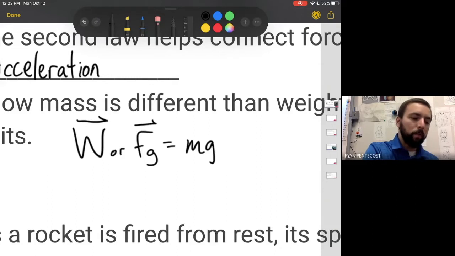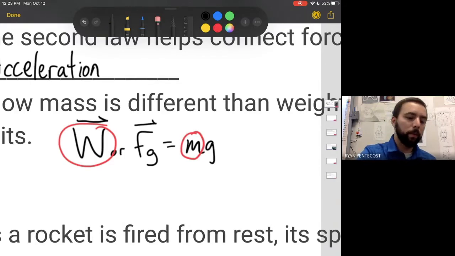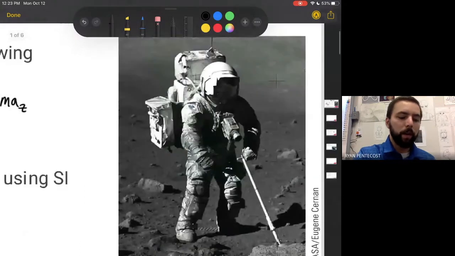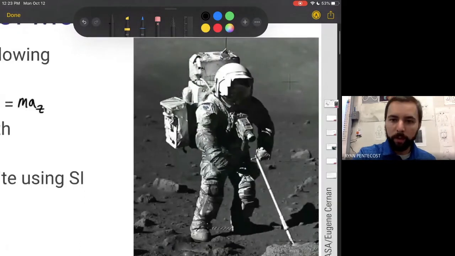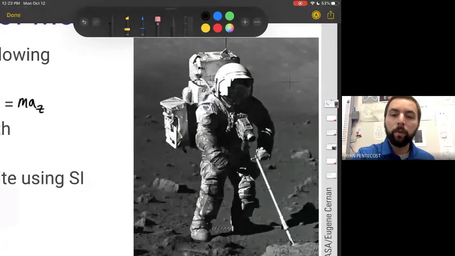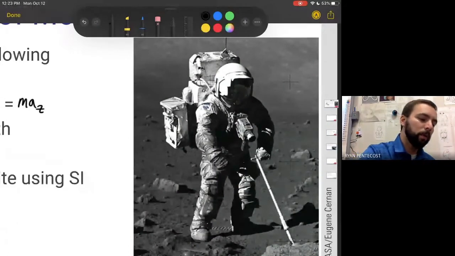So this is how weight is different from mass. For example, we have this picture of an astronaut. If this astronaut had the same mass on Earth as on the moon, the mass wouldn't change, but the weight would change, right? Your weight is completely dependent on the gravitational field that you are experiencing.